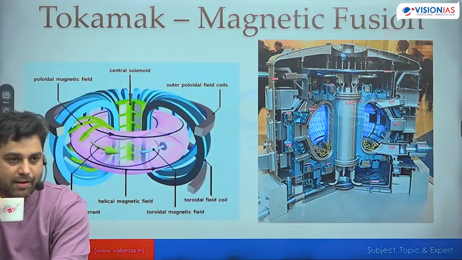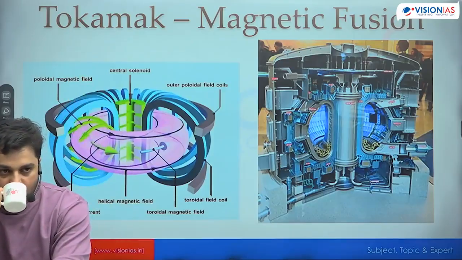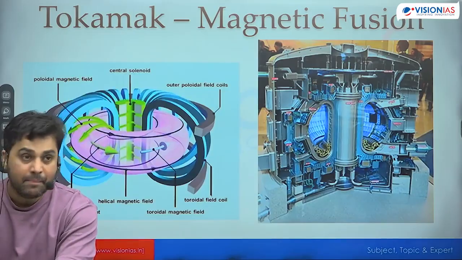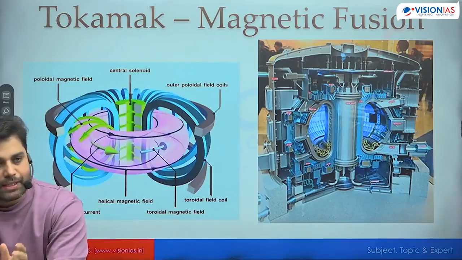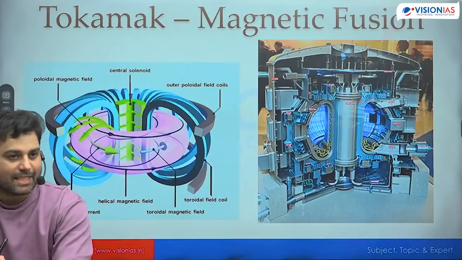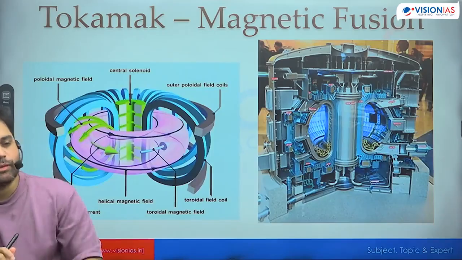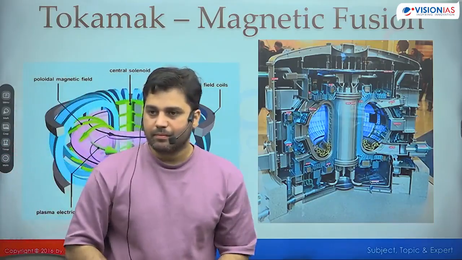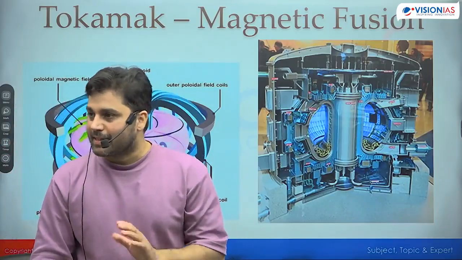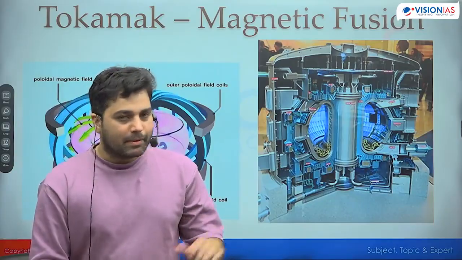So what does magnetic field do to charged particle? I want a more precise answer, like what will be the actual impact of magnetic field on charged particles? Change its direction. Perfect.